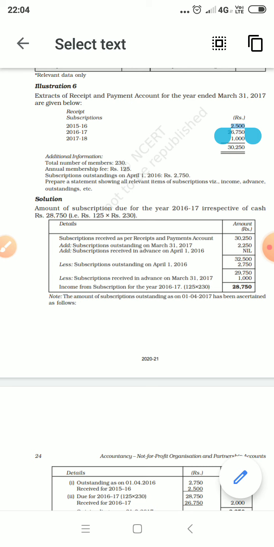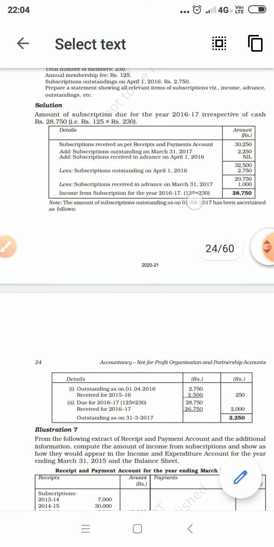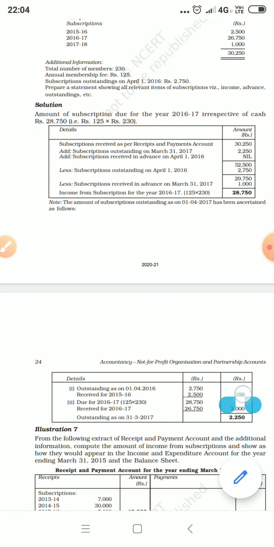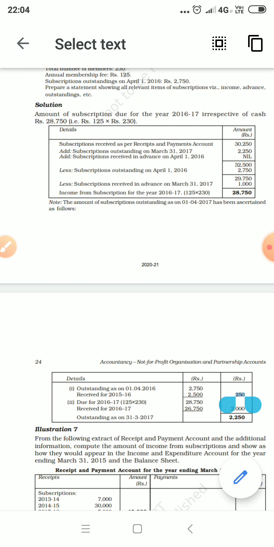Then you have subscription outstanding on 1st April. Previous year's outstanding is 2,750, out of which we have received 2,500. So 2,750 minus 2,500, 250 is still outstanding.